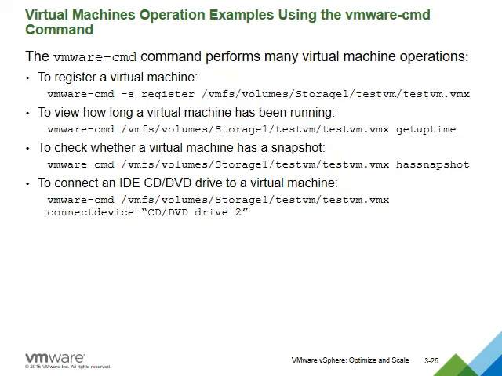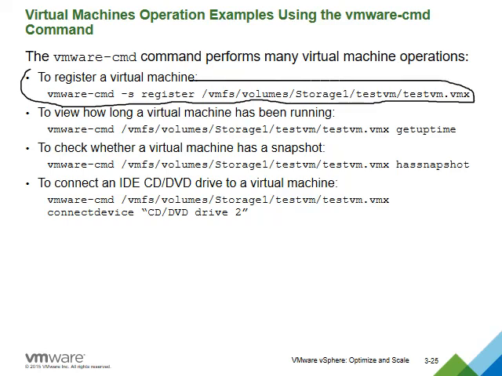Now, you call vmware-cmd -s unregister with the vCenter server system as a target to resolve this issue as well, which right here we're going to unregister the VMFS volume storage1 testVM VMX file, or we're going to register.